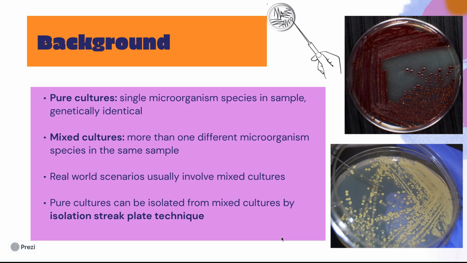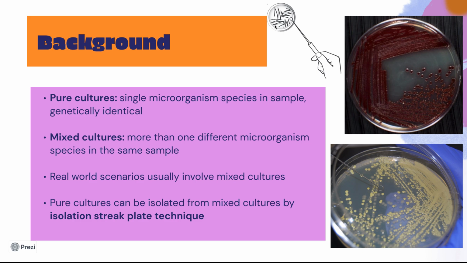Essentially, you're grabbing a loop of inoculum and dotting it onto the agar surface aseptically. This is then dragged in a zigzag pattern in one of the quadrants on the agar. If you take a look at this, it shows what I'm going over. Then you grab a new sterile loop and use that to drag some of the inoculum from the original section to the quadrant right beside it.